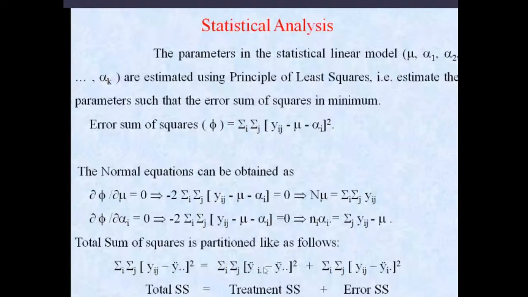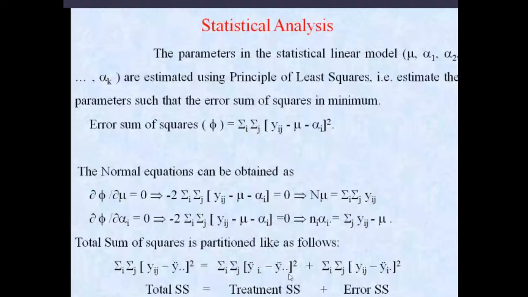One is generally said to be between groups, called the treatment sum of squares, and this is within groups variation. So the total variation is split.